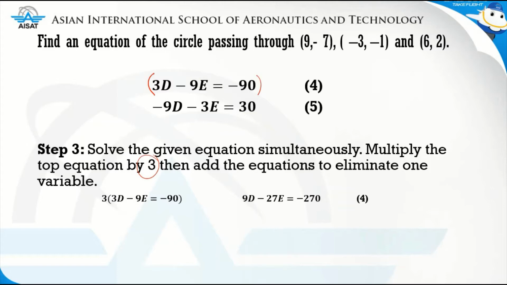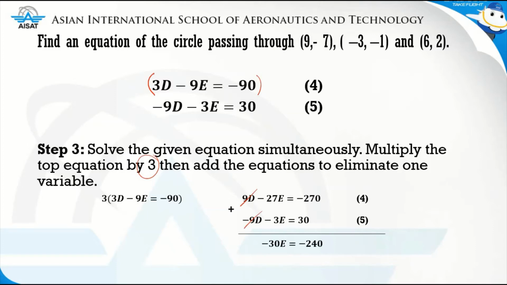Now, copy the second equation, or the fifth equation. So that is negative 9d minus 3e is equal to 30. Now, next step is we are going to add these equations. So adding 9d and negative 9d, that means that they will cancel out each other. Next is negative 27e plus negative 3e.